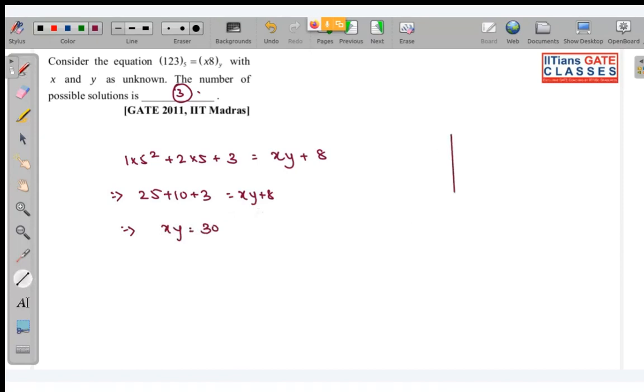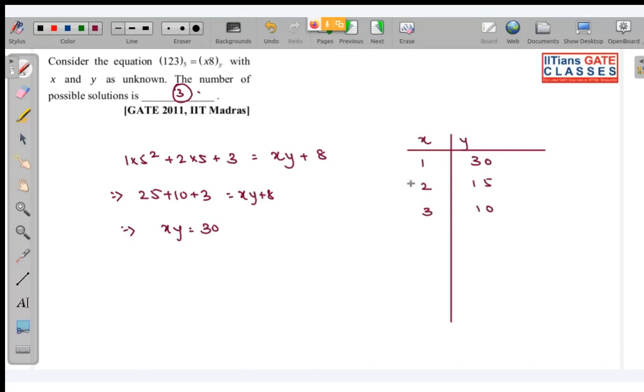So x and y need to multiply to 30. So let us make the possibilities of x and y. Either x can be 1, y can be 30. Or x can be 2, y can be 15. X can be 3, y can be 10. X cannot be 4 because then y will not be a whole number.